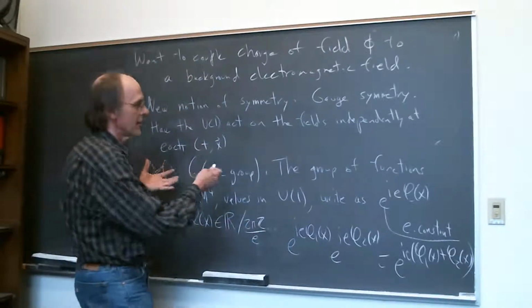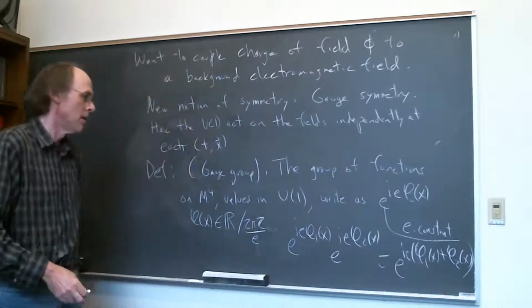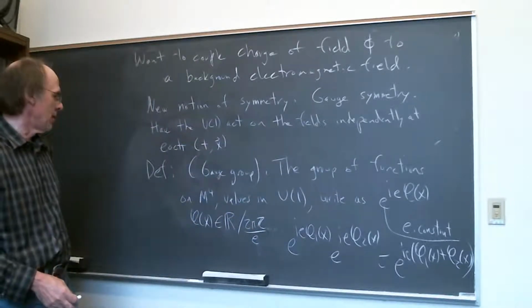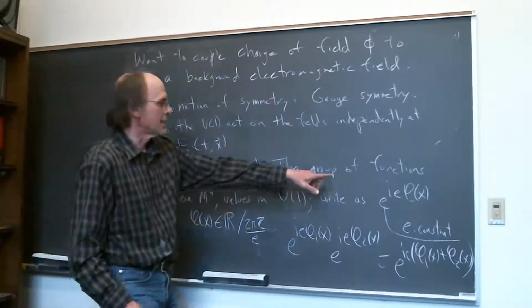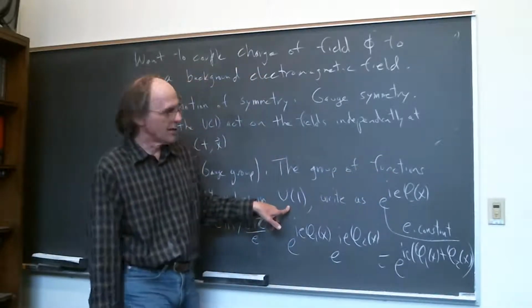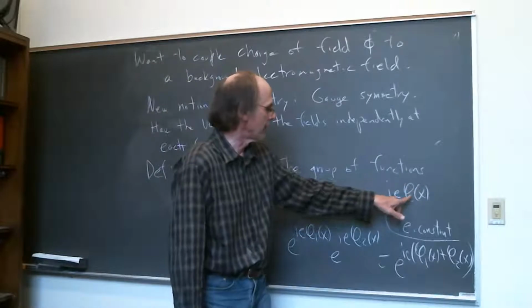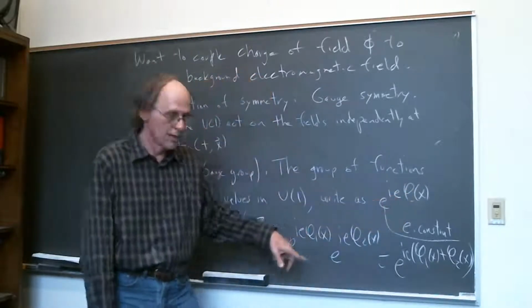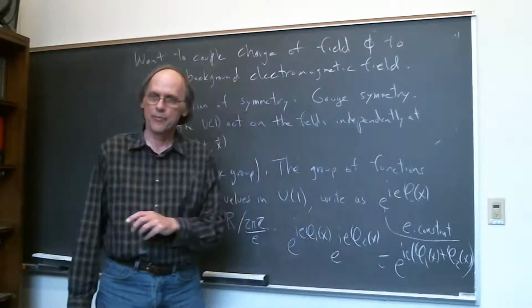Anyway, so when somebody says the gauge group, what they often mean is the functions. It's a group of functions on M4 valued in U1, and explicitly you'll often think of it in terms of these phi functions this way.